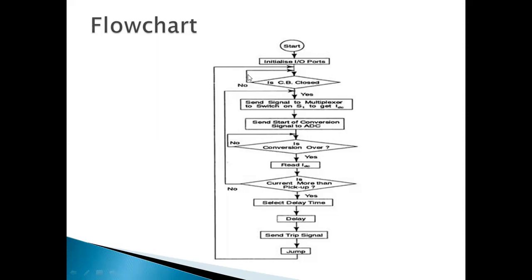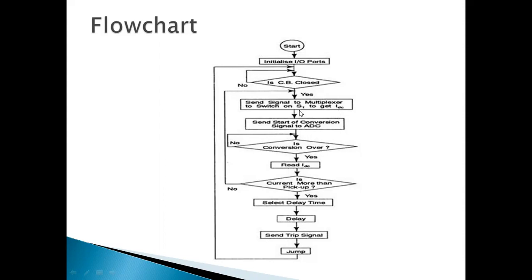If there is no fault, then that signal will be sent to the multiplexer to switch on and get the IDC, meaning DC output current.